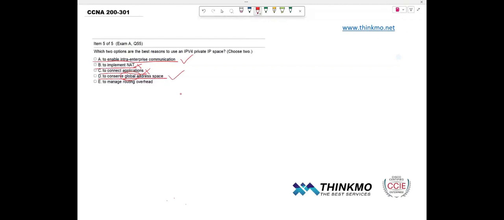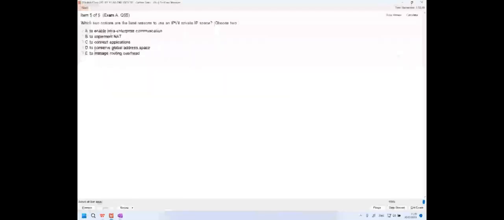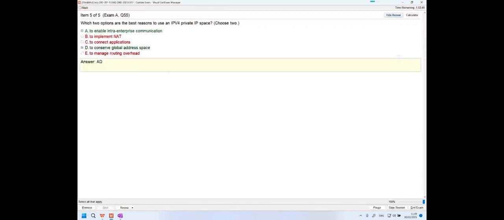One of the reasons we use private addresses is to save public addresses. So the correct answer should be A and D. As for option E, managing path overhead, this is definitely wrong. So for this question, choose A and D. Let's look at the correct answers. A and D. Submit.